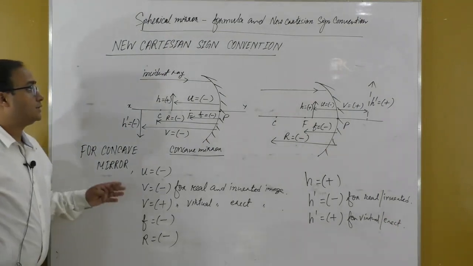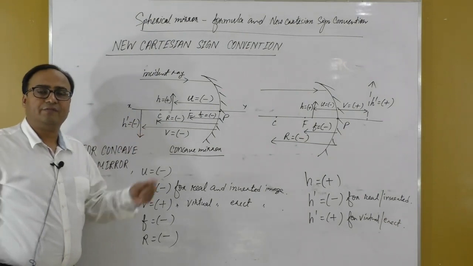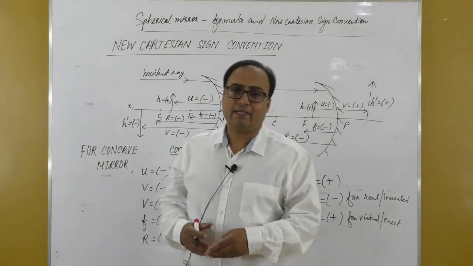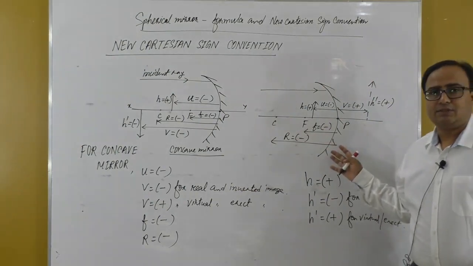Okay, so this is a very important part. If you don't understand this part, it will be very difficult for you to solve numericals. Note down everything properly with these diagrams.